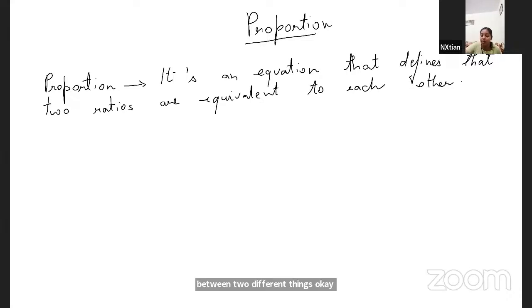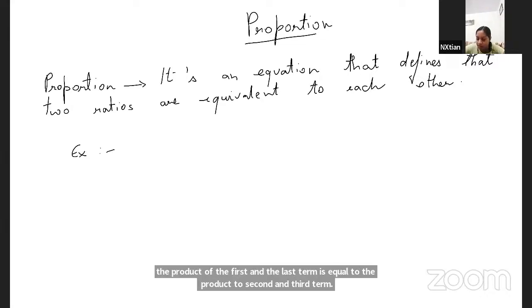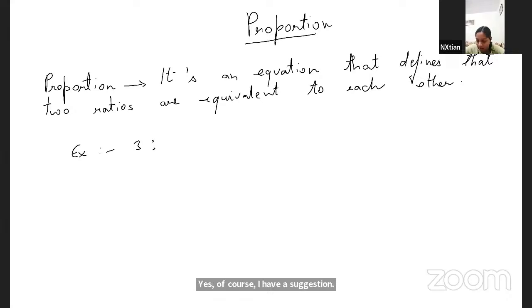Now how to know that the terms are in proportion? Or how do we actually find the proportion? Ma'am, the product of the first and the last term is equal to the product of the second and third term. Yes. Suppose I have this equation 3:4 equals 45 to 60.